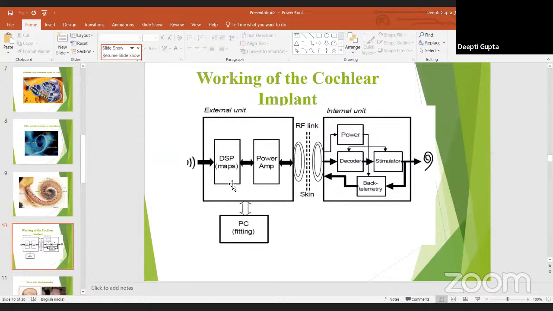So through digital signal processing, we are able to capture the features of the sound. It plays a very important role. And through digital signal processing, we are also able to remove the noise from the sound.